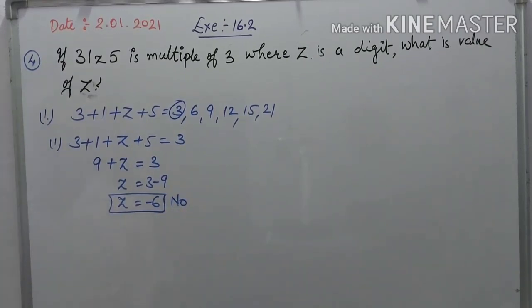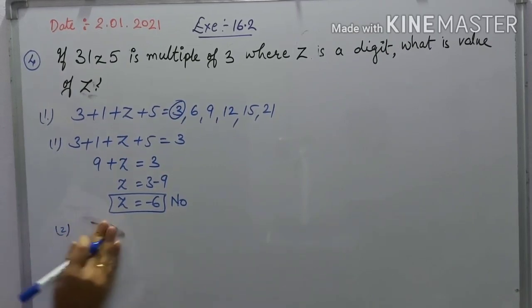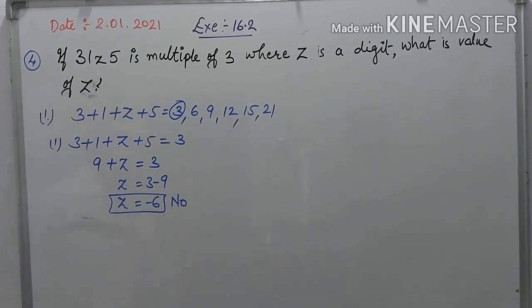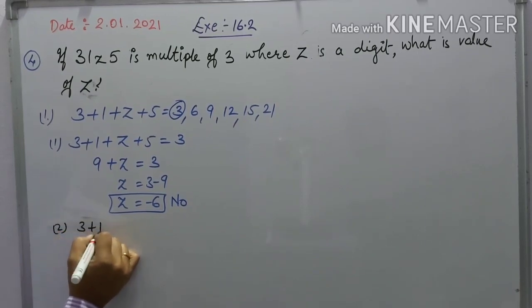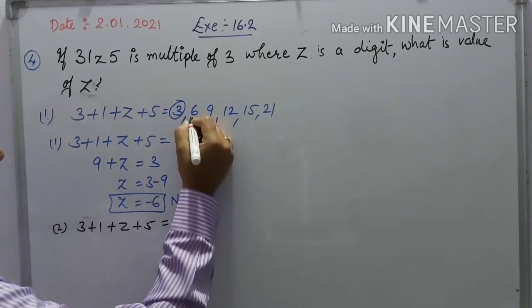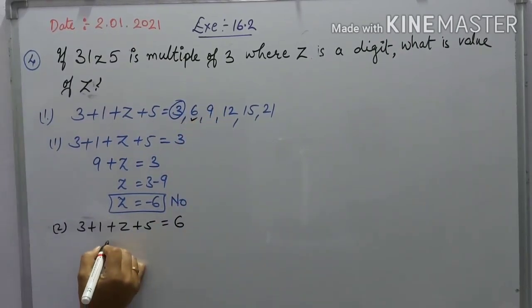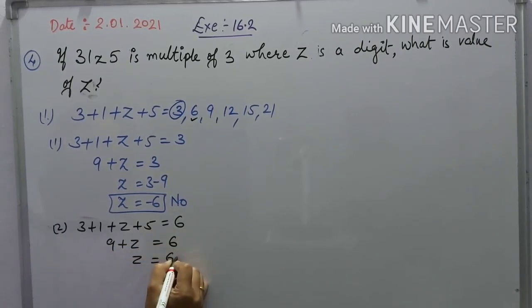Now the second time, 3 plus 1 plus z plus 5 is equal to the next number, which is 6. So 9 plus z is equal to 6, and z is equal to 6 minus 9, so z is equal to minus 3.